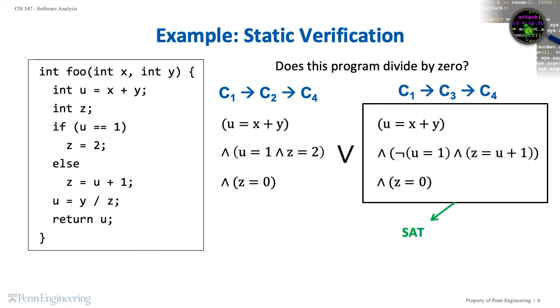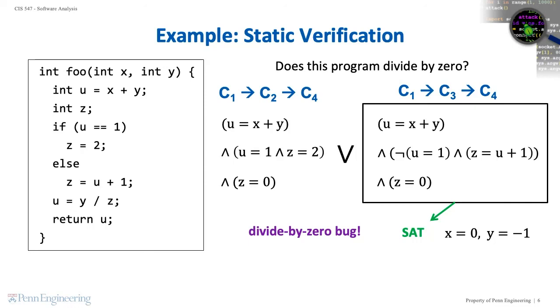On the other hand, the constraints arising from the second path are satisfiable. In this case, the SMT solver also provides a model, a satisfying assignment such as x equals 0 and y equals -1, which serves as a bug-inducing input for debugging the divide by 0 error.